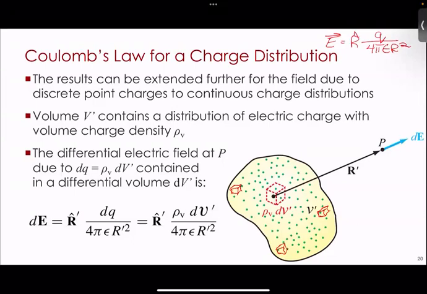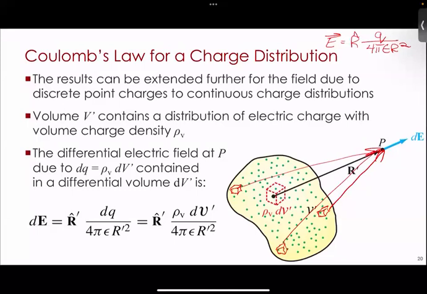And when we consider each one of them, each one of them is going to be pointing in a different r hat direction, and the length of that vector is going to be different. So the primes really just represent, that's for this particular segment, this particular dV that we're considering.